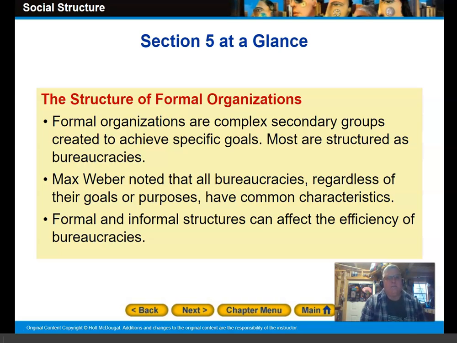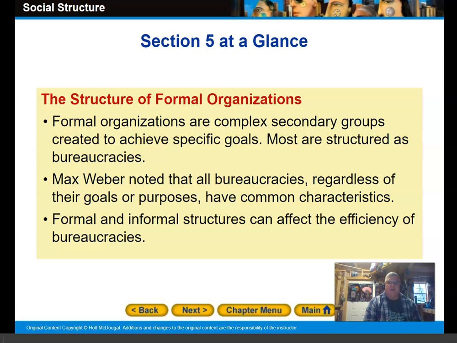Section 5. The structure of formal organizations. Formal organizations are complex secondary groups. They're created to achieve specific goals. Most are structured as bureaucracies. Max Weber noted that all bureaucracies, regardless of their goals or purposes, have common characteristics.